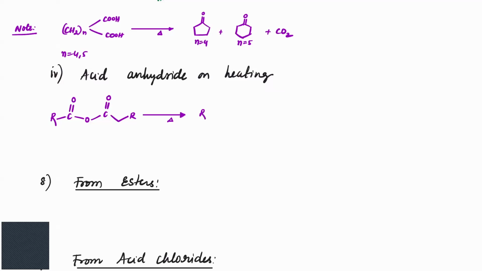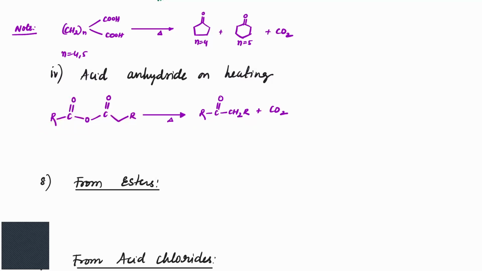So these two will get joined. RC double bond O CH2R plus CO2. Correct? So on heating, depending upon, I mean, this side also it can happen. If you have two different chains, you can get two different types of ketones as well.